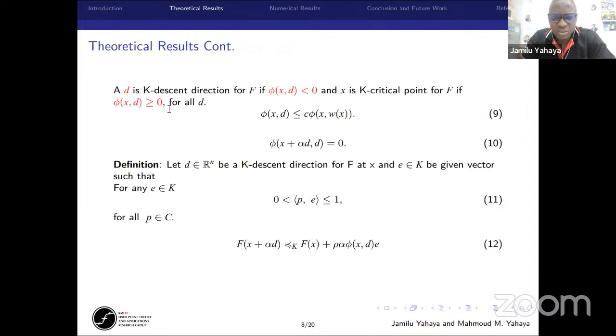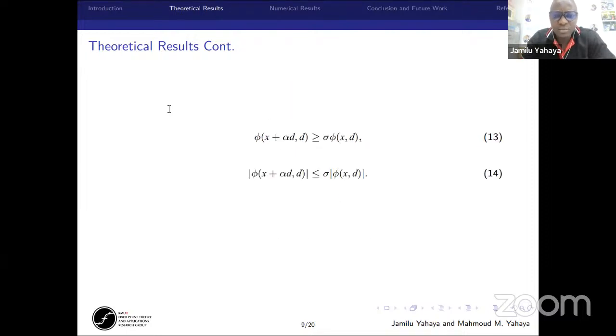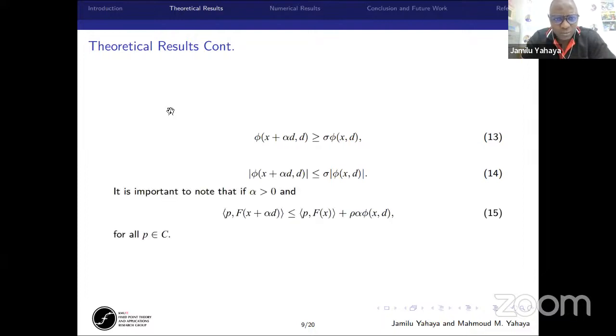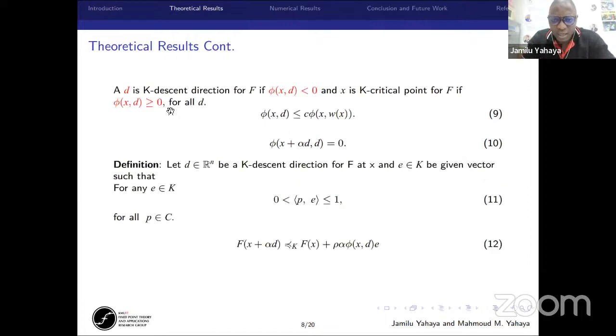Then the combination of inequality 12 and inequality 14 gives what we call the strong Wolfe condition in the vector settings. If you look at this particular relation 12, you see that we have a partial order there.